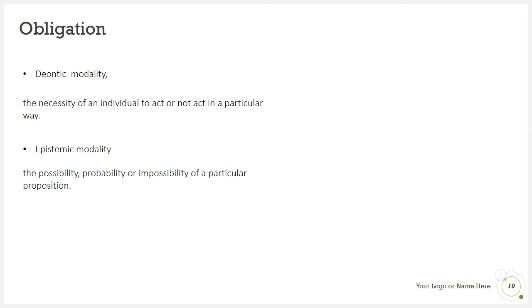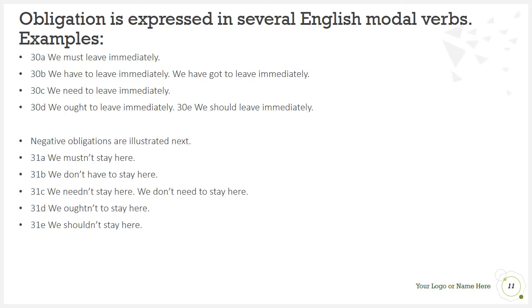So in modality there are two kinds. The first is deontic modality, the necessity of an individual to act or not act in a particular way. The second is epistemic modality, the possibility, probability, or impossibility of a particular proposition.